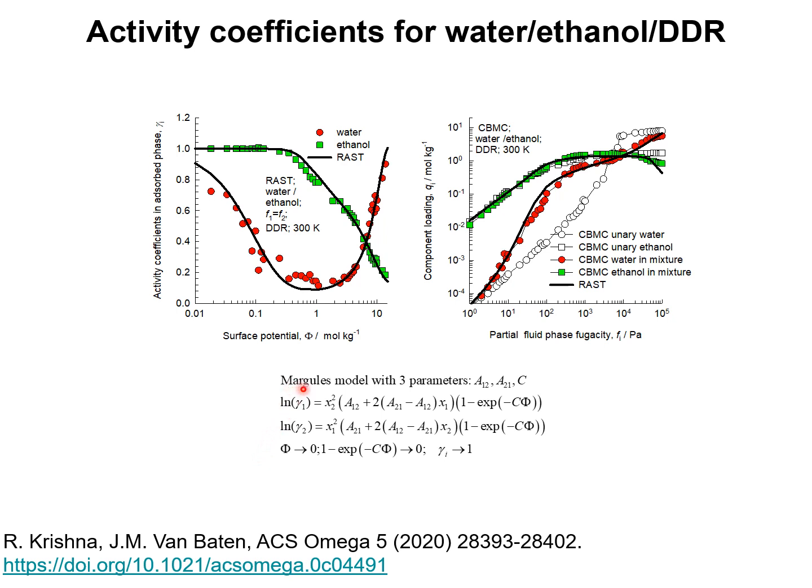Specifically, we use here the Margules model with 3 parameters, A12, A21, and C. Particular attention needs to be paid to the incorporation of the factor 1 minus exponent minus C times phi. This factor ensures the right limiting behavior at low pore occupancies. Indeed, for phi tending to 0, this correction factor 1 minus exponent minus C times phi will tend to 0, and therefore the activity coefficients of both species should be unity.